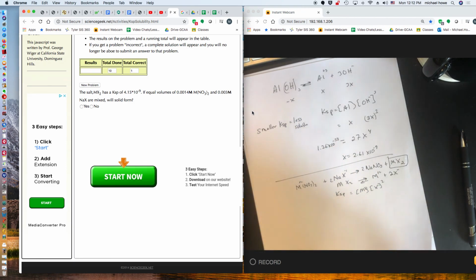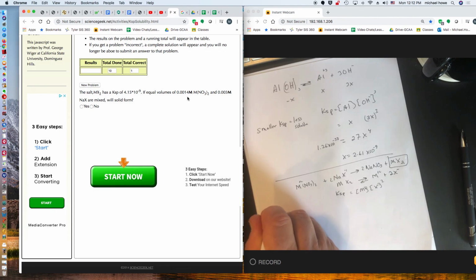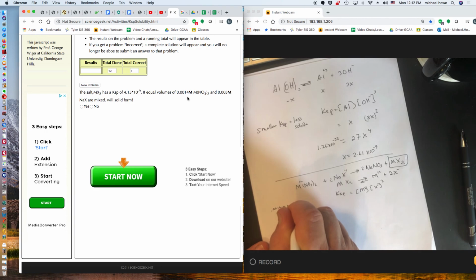Well, over here in the problem, it tells us that we have 0.0014 molar M(NO3)2. So when that dissolves, M(NO3)2 turns into M plus 2 NO3 minuses.